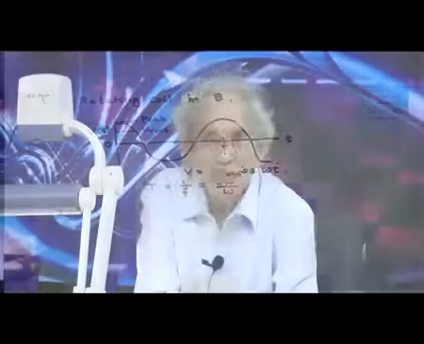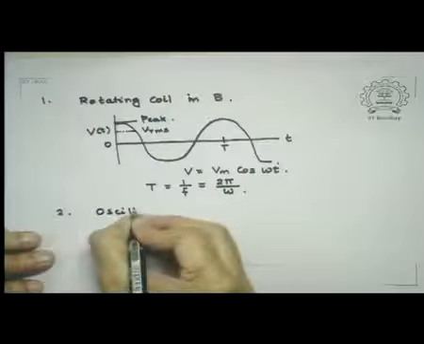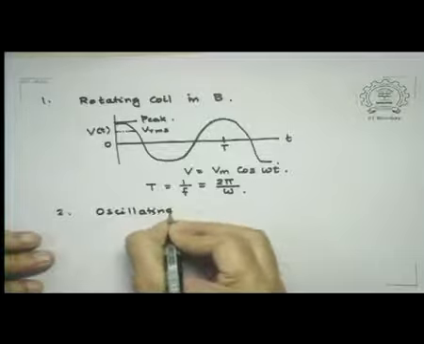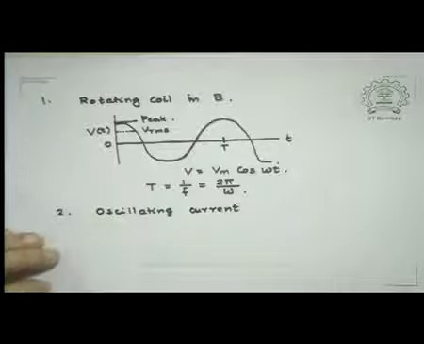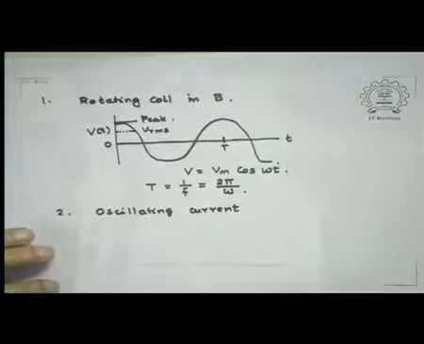This oscillating EMF also leads to an oscillating current. Then what we found is that both oscillating EMF and the oscillating current may be represented as what we call a phasor.